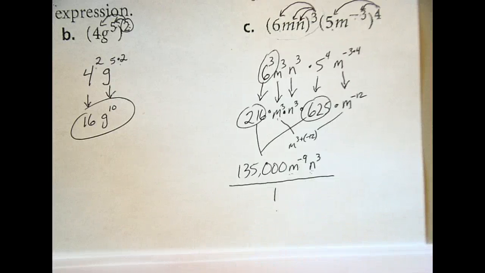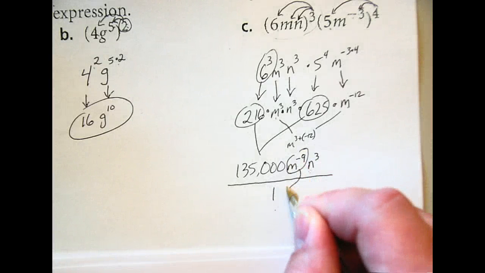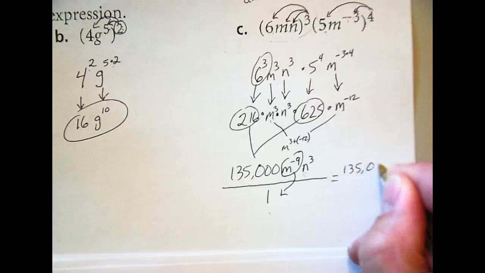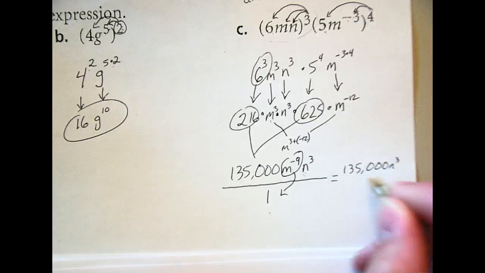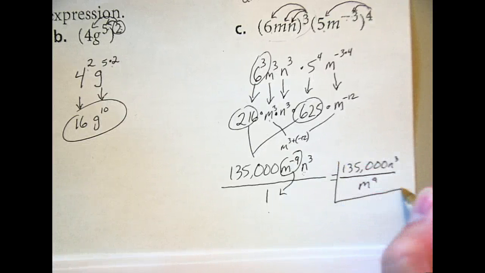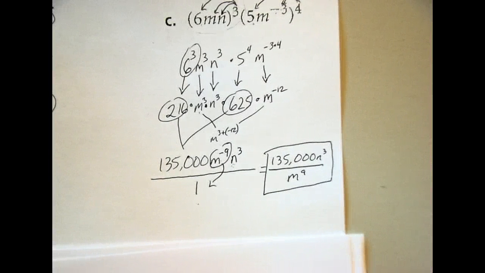And then, don't you move it down? Yep, you move it down. And when you move it down, it becomes 135,000 times m to the third. Yes, that's right. Okay? You move it down. It becomes positive then. Well done.